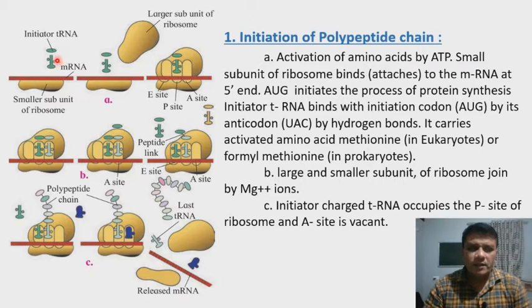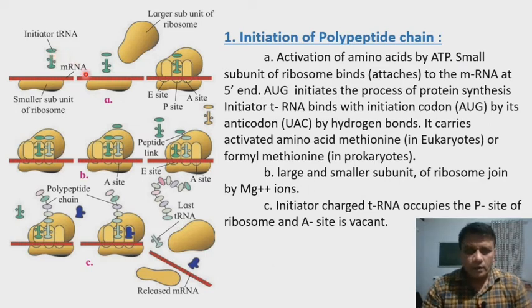Here we can see the tRNA, and the activated amino acid molecule gets attached at the C3 end of the transfer RNA and forms the amino acid tRNA complex. That is, when an amino acid attaches to the long end, the C3 end of transfer RNA, this structure is called the amino acid tRNA complex.